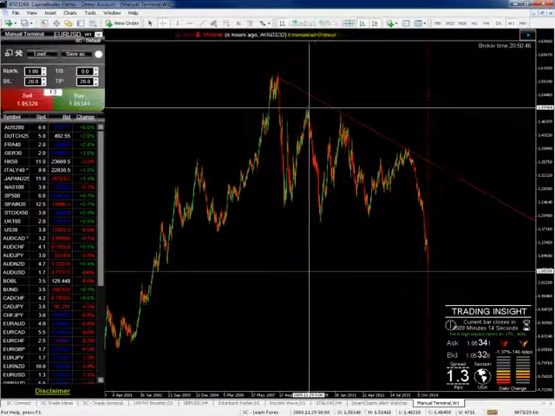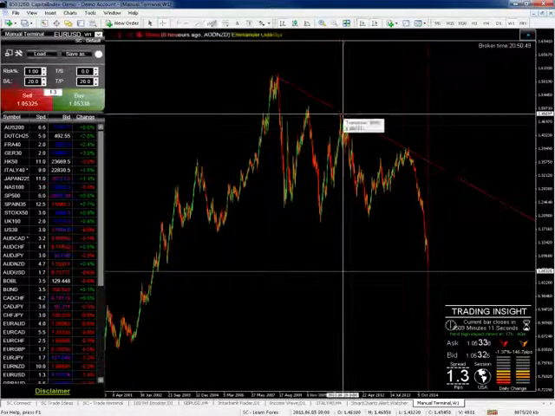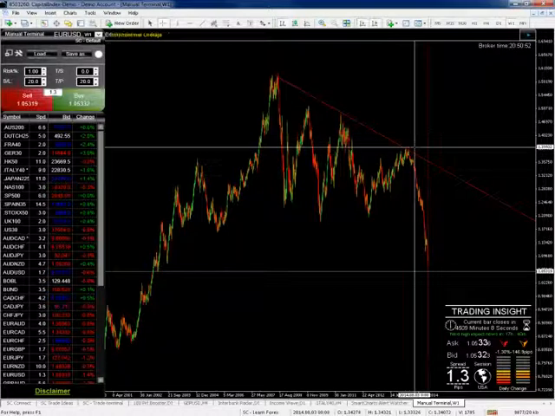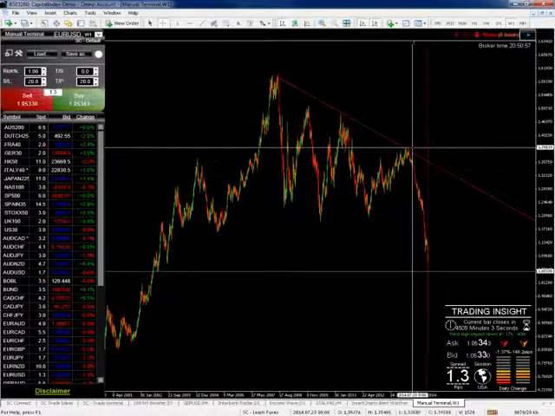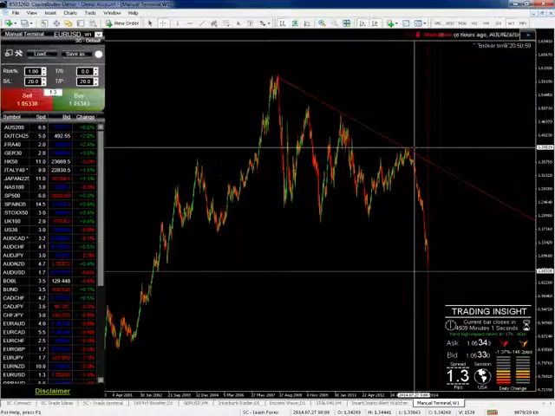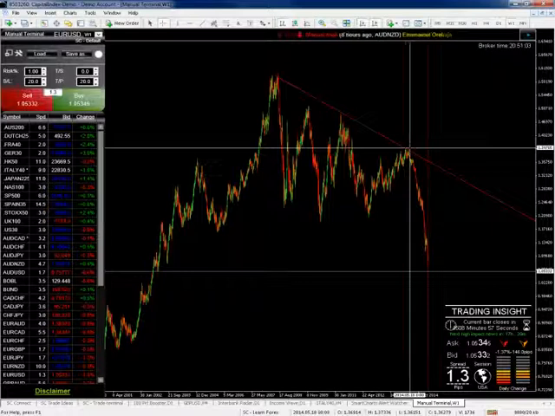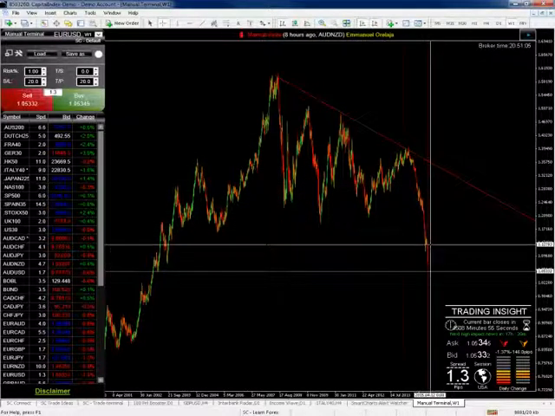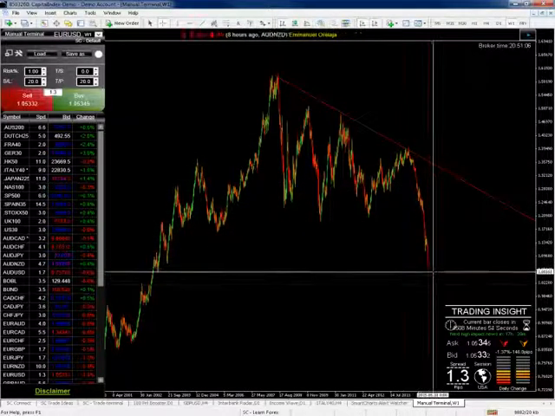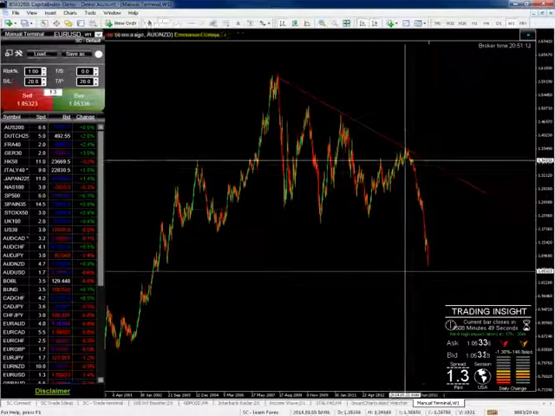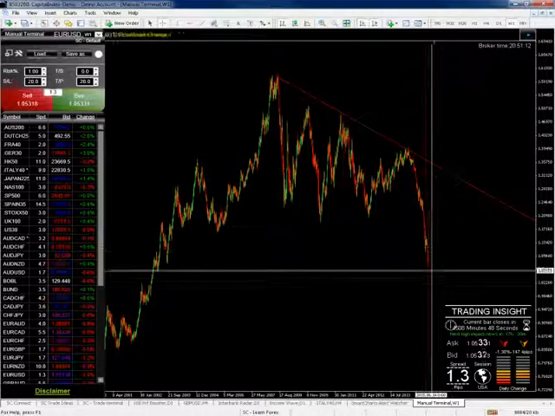That's 150 spot on, and that's 140 spot on as well. It has bounced off all those levels over and over again. As it reached the 140, it just rejected and crashed down all the way to pretty much parity level, which is just down here. So that's been a huge drop.